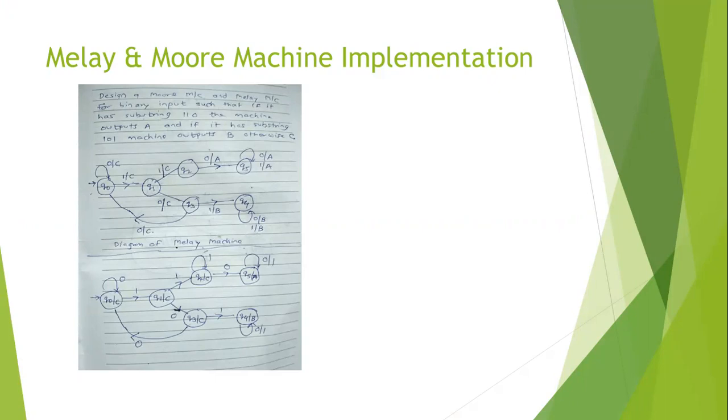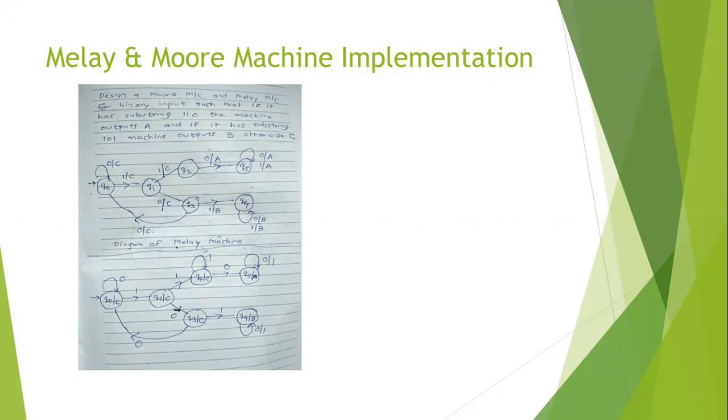In the Mealy machine, we know that both input and output are outside the state. And for the Moore machine, the input is outside, but the output is inside the state. Now, what is our requirement?